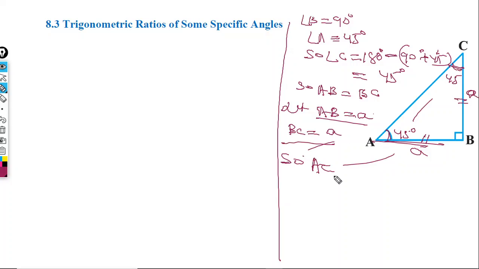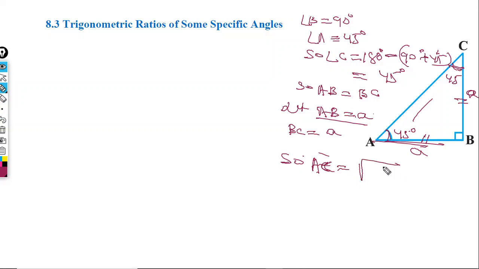So AC will be equal to, look at the figure, root over of AB square plus BC square. This is your Pythagoras theorem. AB is a and BC is also a.